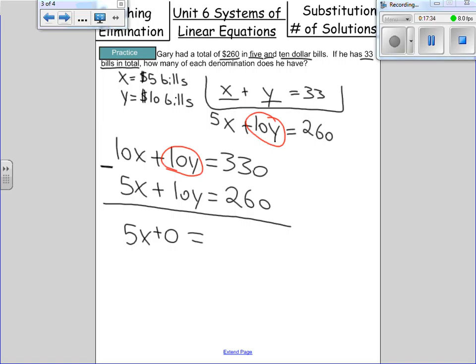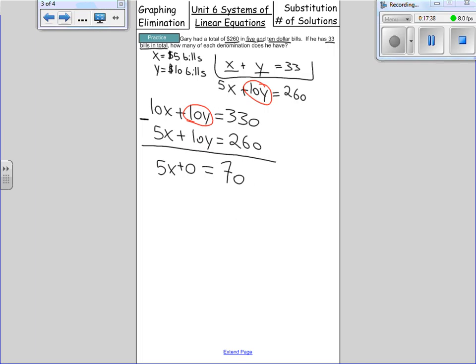Now we have 5x is equal to 70. What do we divide both sides by? 5. Those will cancel, and you'll have that x is equal to 14.